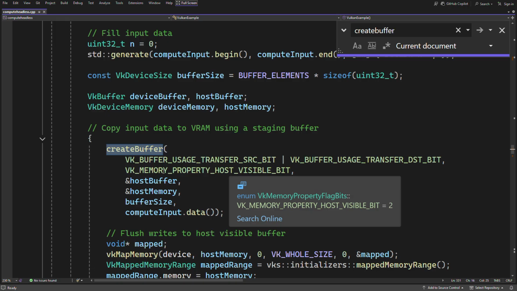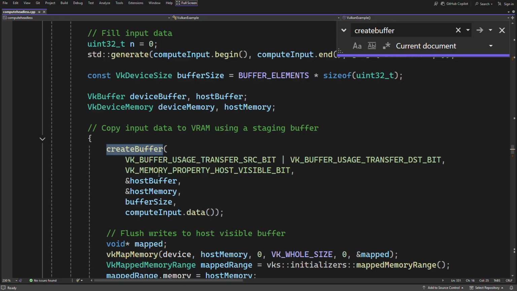So we want it to be host visible, basically CPU related stuff. That's one place where we use it: creating input data to VRAM using a staging buffer. We have some host visible memory here that we're creating a buffer for.